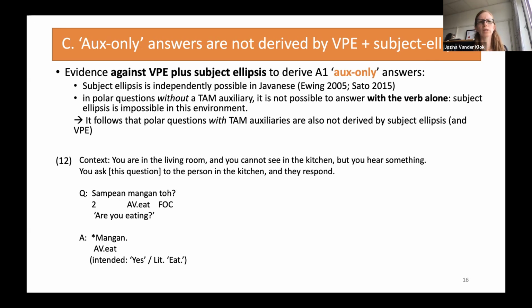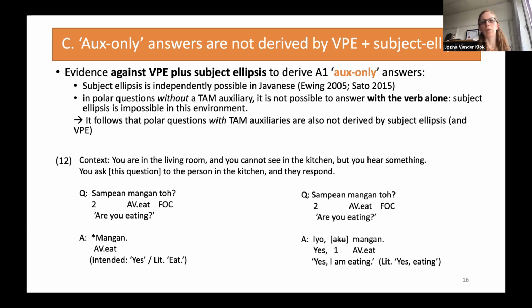So subject ellipsis seems impossible in this environment. Therefore, it follows that the polar questions with TAM markers are also not derived by subject ellipsis and VPE. However, I will point out that speakers repair this by adding a yes/no particle. So you can say iyo mangan. So this is something that I'd like to follow up with. But at least we also have evidence from the distribution with TAM markers that auxiliary only answers behave differently than VPE.